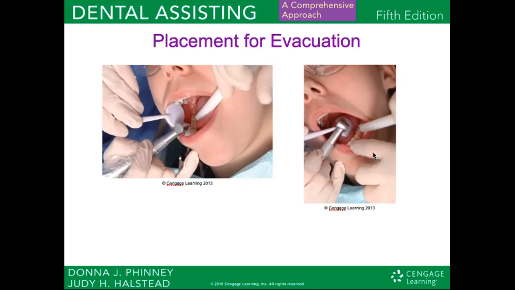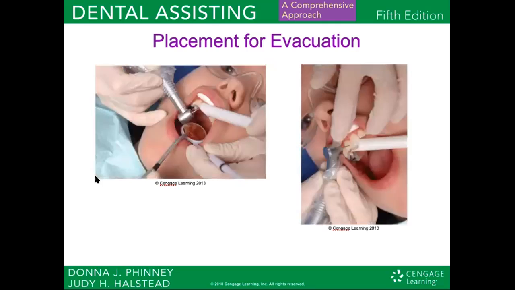And a cotton roll can be placed to assist in the retraction of the cheek, just so you don't suck up the cheek or the lip with that evacuator. With this picture on the left, we can see that the evacuator tip is placed with the handpiece in position. For the anterior facial tip placement, the operator positions the handpiece toward the facial surface.